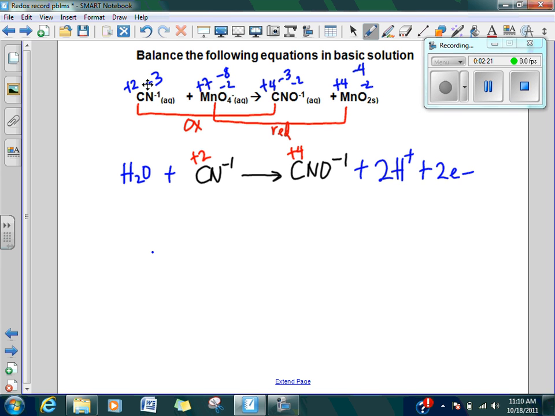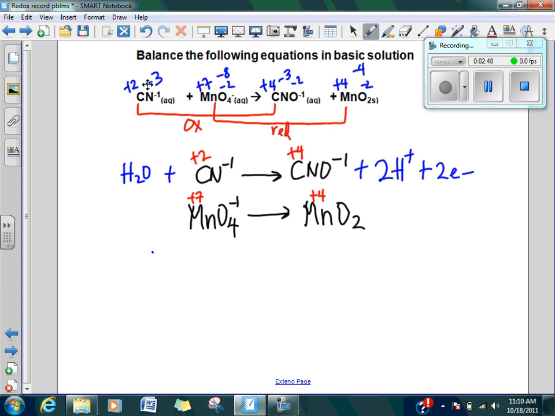So now if I go to my reduction half, I'm going to balance out my permanganate, and again, my manganese dioxide, and I'm just going to carry down the charges that change. So manganese is +7, and here is +4. My elements are balanced. Now I need to balance my oxygens out with water.